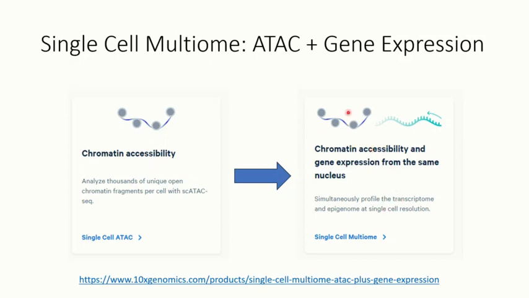This is more powerful because you don't even have to align, because you get the gene expression information for these cells and, at the same time, the open chromatin information from this particular cell as well. I think we still have time to play a small video here.